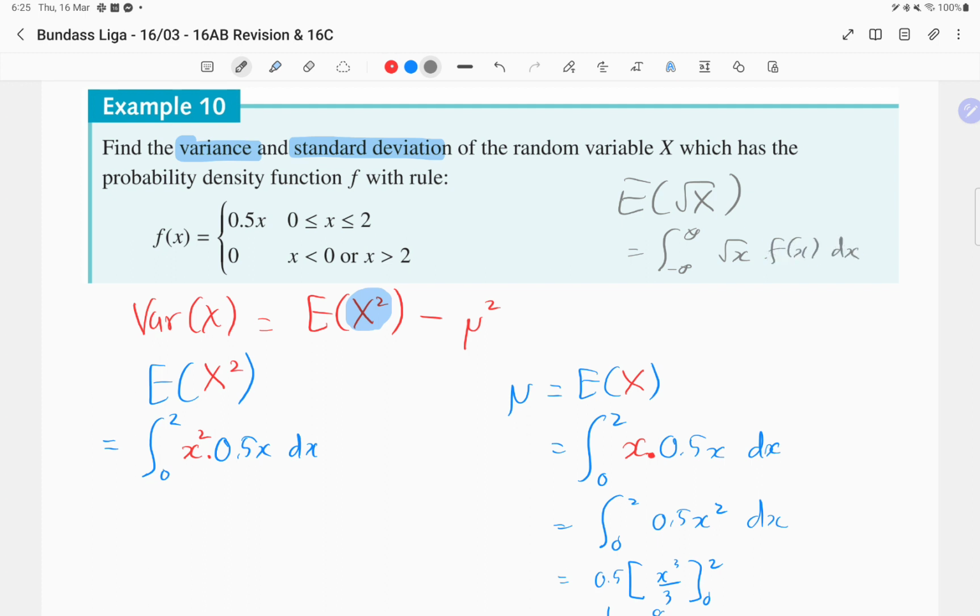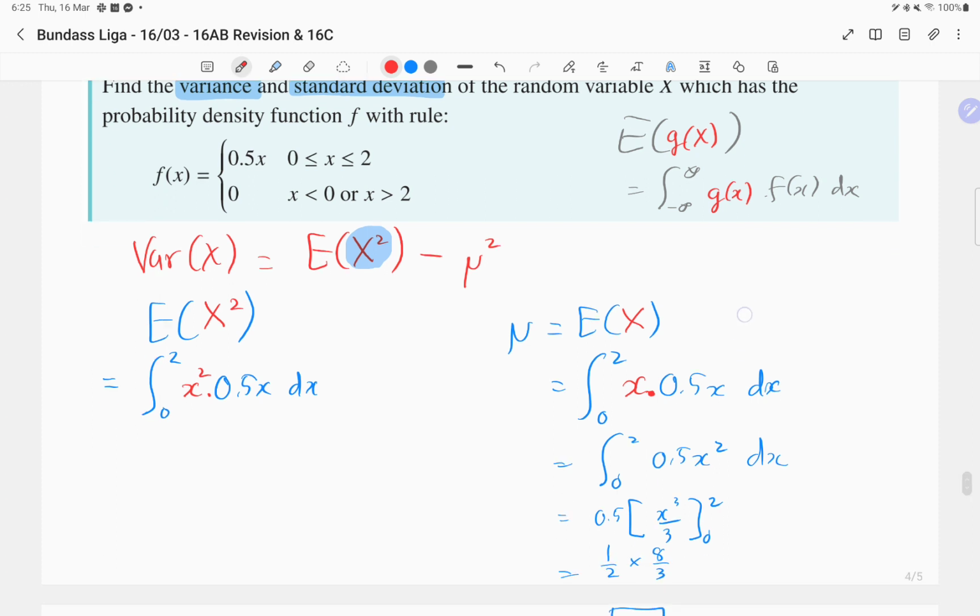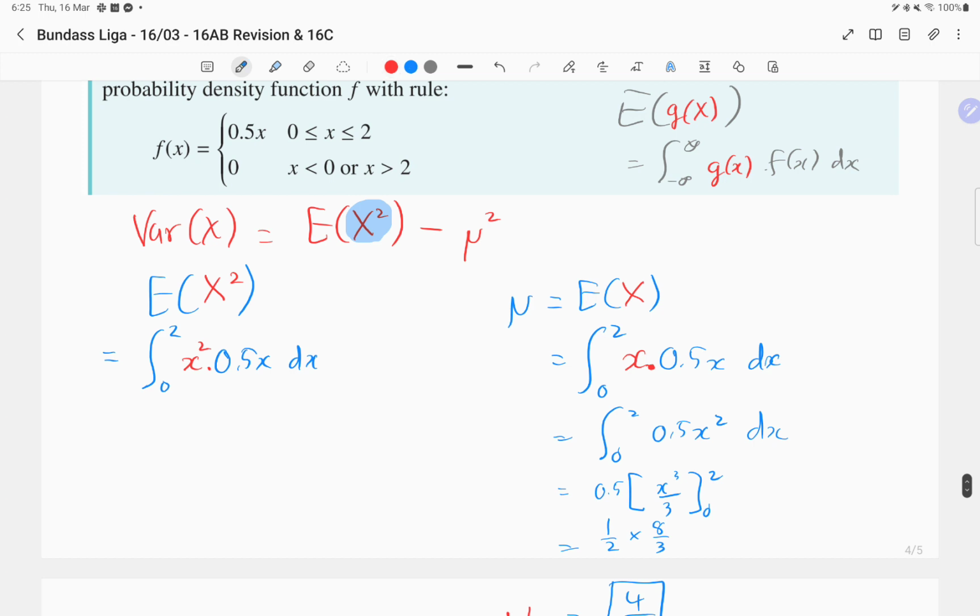In fact, generally, if this is f of big X, and let's call the other function g, then it would be the same function of small x times the other function, and antiderive it. So this one would just be x squared times into it.